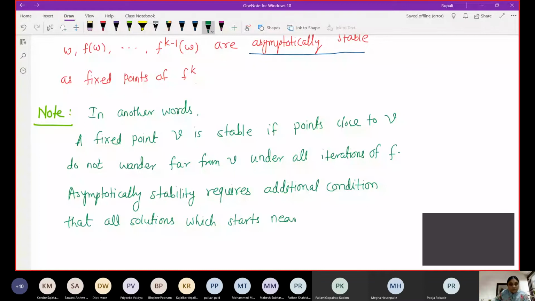Okay, so is all these definitions clear? Let me.